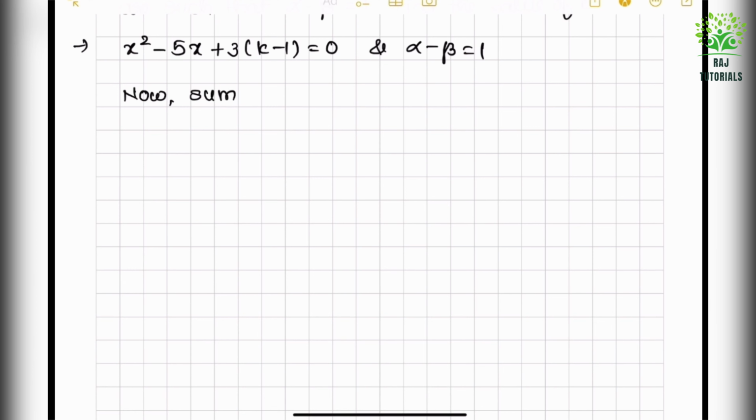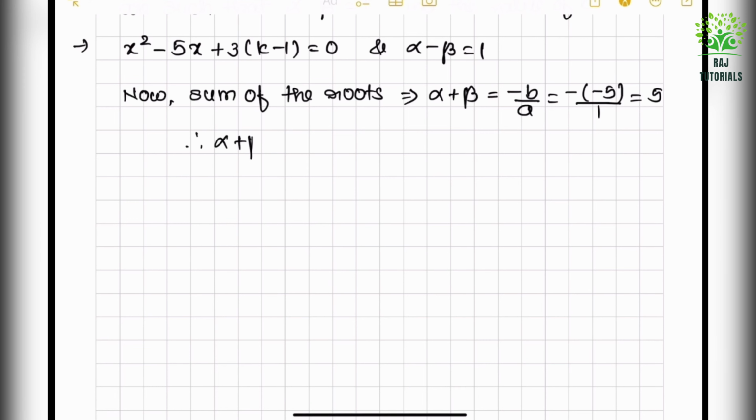Now sum of the roots, that is alpha plus beta, will be equal to minus b by a. So here if I see carefully it is minus of minus 5 upon 1. So that will be 5.